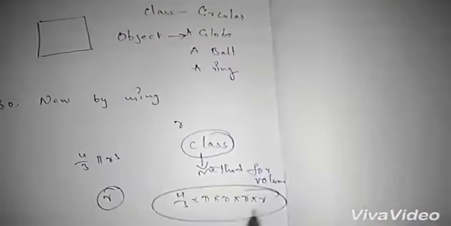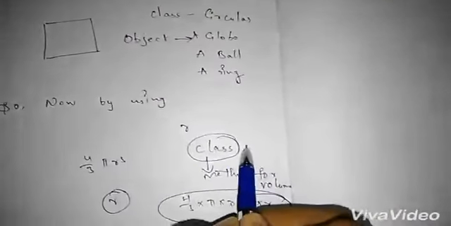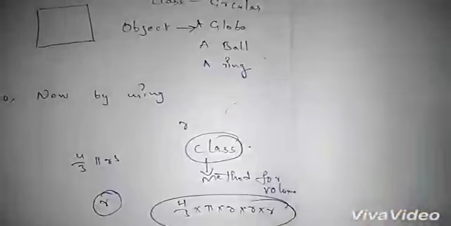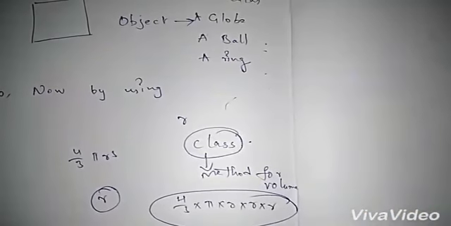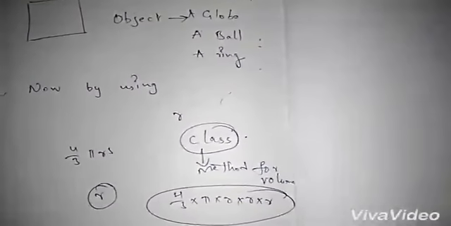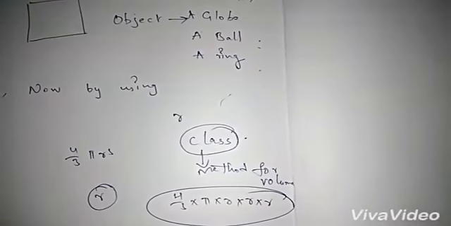So this is called the method or function, and the class is just a blueprint which could be useful to make a globe, ball or ring. Just a blueprint is helpful for making anything what you want, anything related to that you can make.